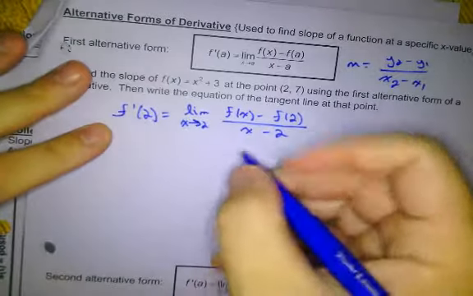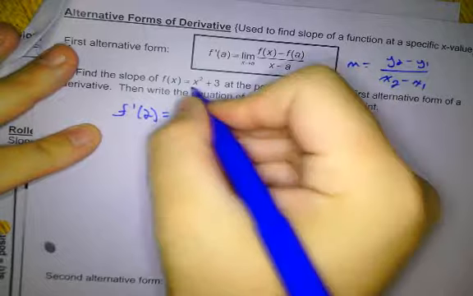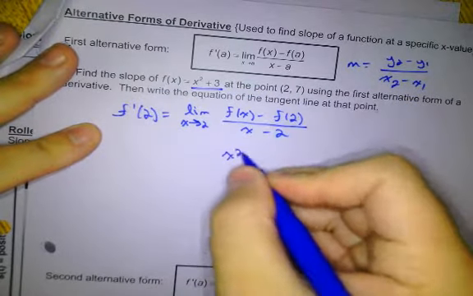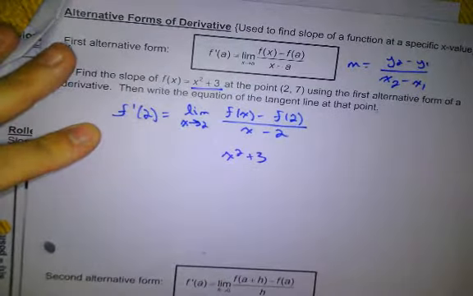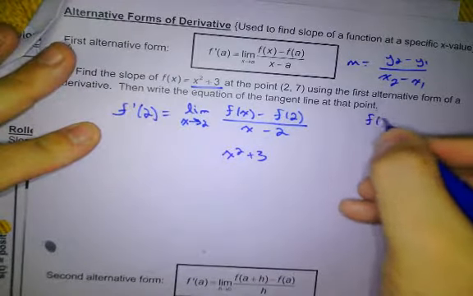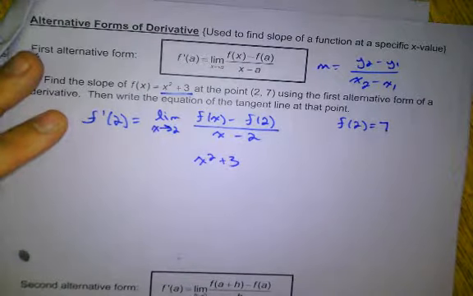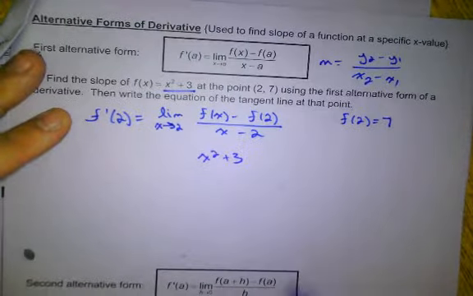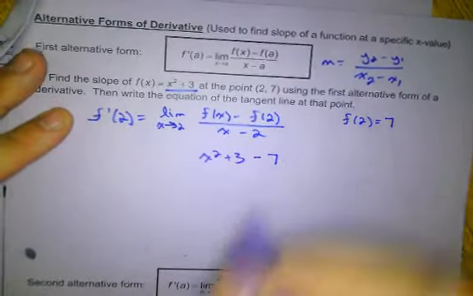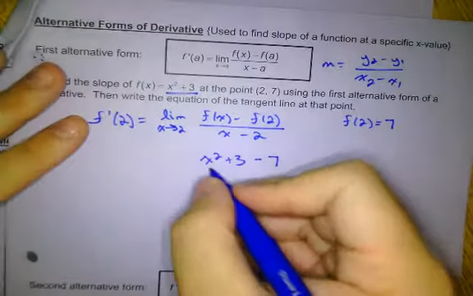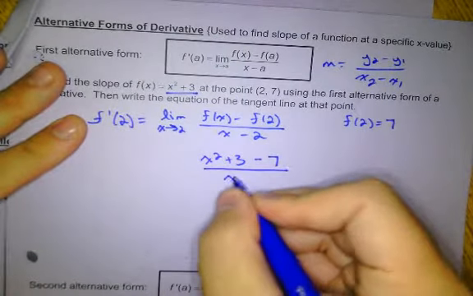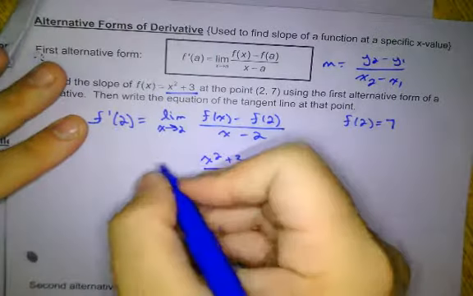Well, what is f of x? X squared plus 3. What is f of 2? Hey, let's do a little bit of side work. What is f of 2? Oh, I didn't really do side work, did I? It told me it was 7. That was nice. All over x minus 2.